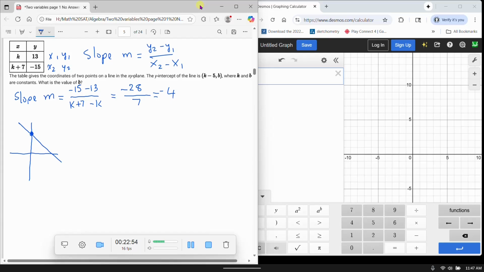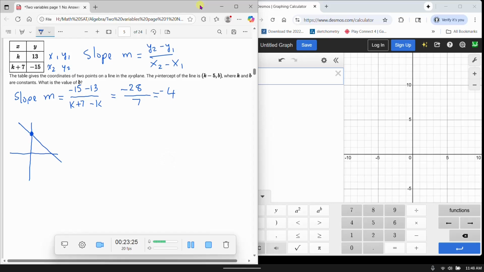So you were using the 2 points from the table. Now you were given the y-intercept, which is that point right here. You can use one of the 2 points from the table, and they're going to have the same slope. Then you can use the point given to you, plus the slope that you just found, and solve for that equation.